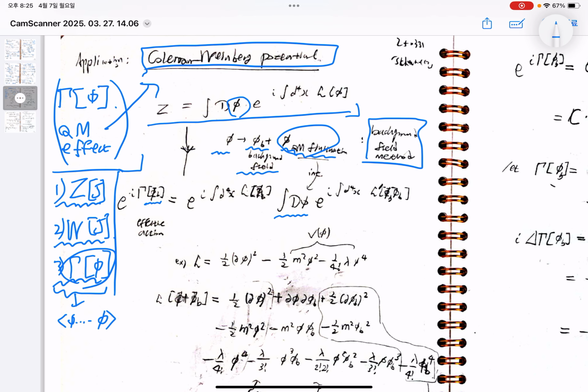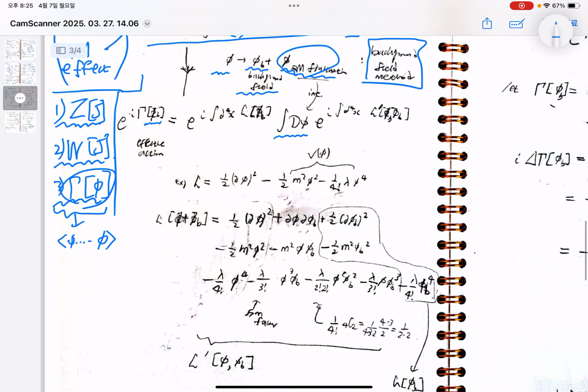If we consider the following scalar field with the quartic potential, then we can decompose phi into phi plus phi_b. Then there will be some terms consisting only of the quantum fluctuations, some consisting only of the background field, and some cross terms with symmetry factors.